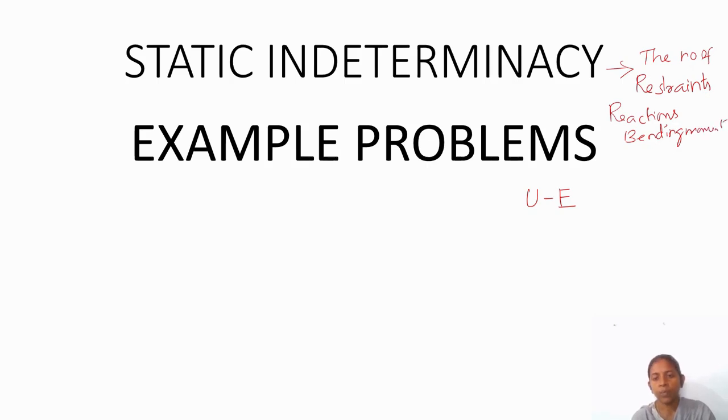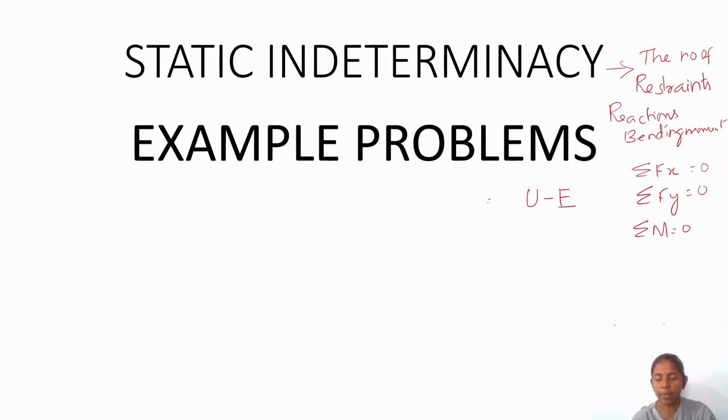So count the total number of reactions and the available number of equations. Generally, summation Fx, summation Fy and summation moment equal to 0, the three available equations.